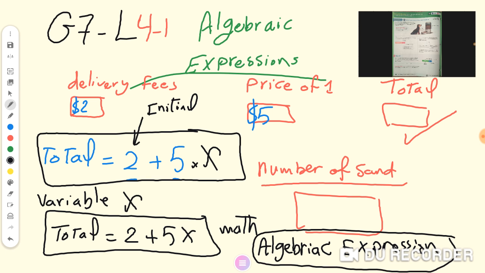This form is called an algebraic expression.